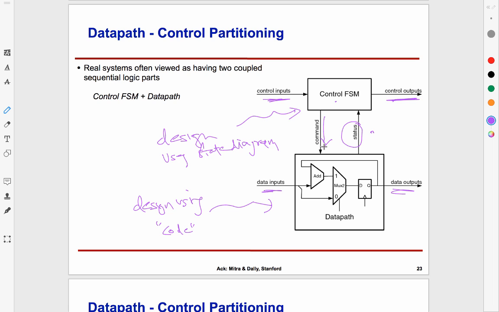So at every clock tick, the control FSM tells the data path what to do, and the data path gives information back about what it did. Was there an overflow? What happened? And then based upon that, the control FSM will jump to a different state and again decide. So for example, if an overflow happened, then do something else.